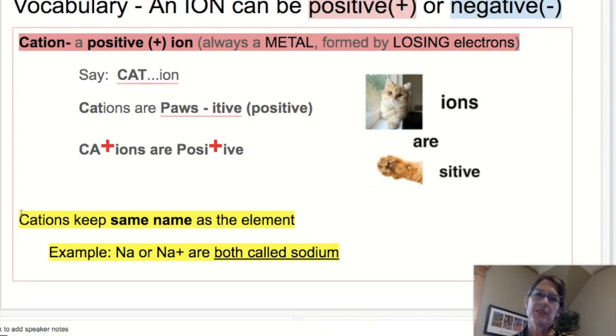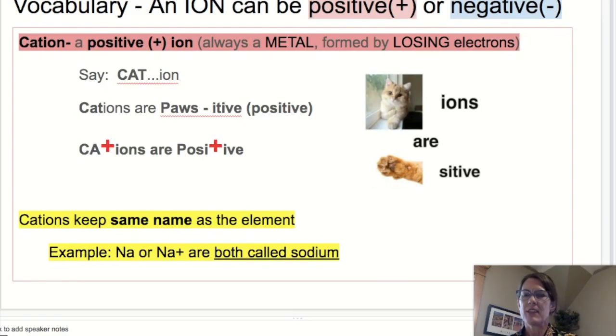It's also important to know, and we'll get to it more later, that cations keep the same name as the element that they were. For example, Na is called sodium, and Na+, the sodium cation, is also called sodium. It doesn't have a special name.